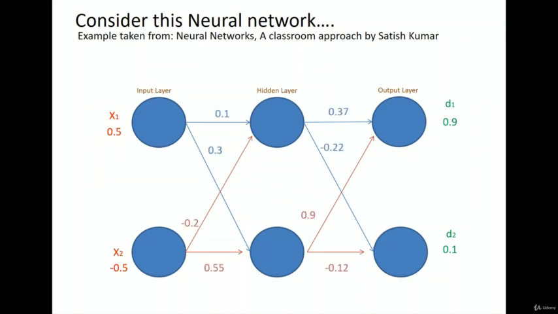Now we're going to just initialize our weights randomly. Of course, there are different techniques for weight initialization that we'll be speaking about in a separate lecture. But here, we're just going to consider that we randomly initialize the weights. These are just some random numbers that we set, because we have to start somewhere.